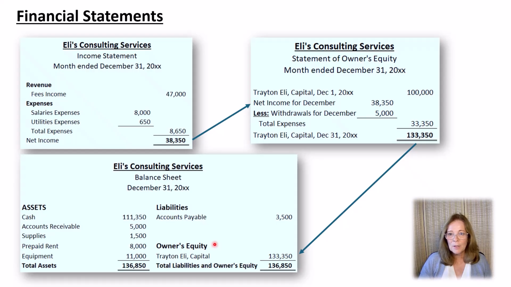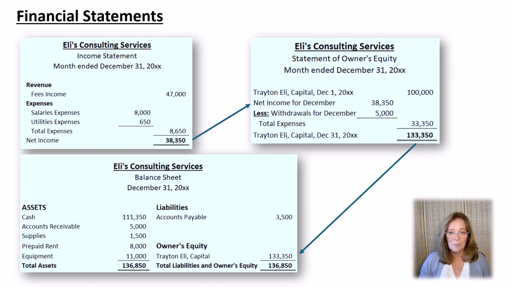We then list owner's equity, which we transferred from the statement of owner's equity of $133,350 for a total of $136,850. And we again see that our accounting equation, assets equals liabilities plus owner's equity, still holds true. $136,850 on one side and $136,850 on the other side.